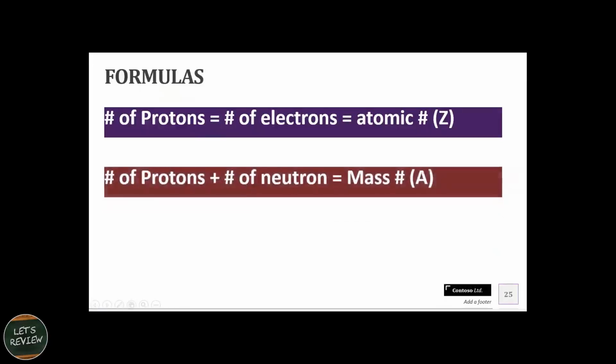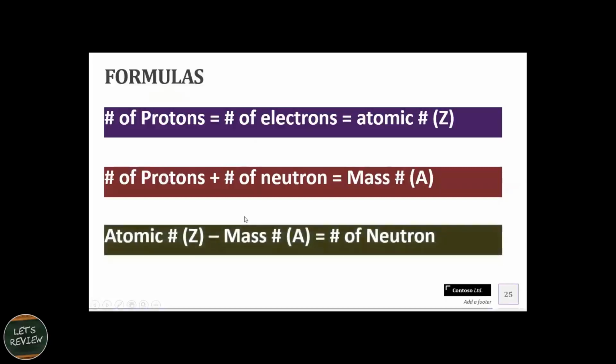Next, for the mass number, all you have to do is add the number of protons to the number of neutrons. And if you don't know how many neutrons are inside the nucleus, all you have to do is subtract the atomic number from the mass number of the atom.